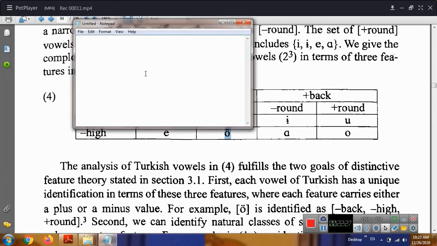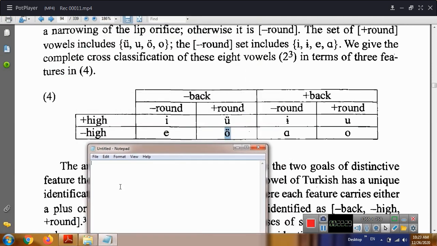And we write them in this way. We want to write the features of such a sound. We write, for example, E in Turkish. We say that it is plus high. We show them in this way, in the common way. Minus round and minus back.